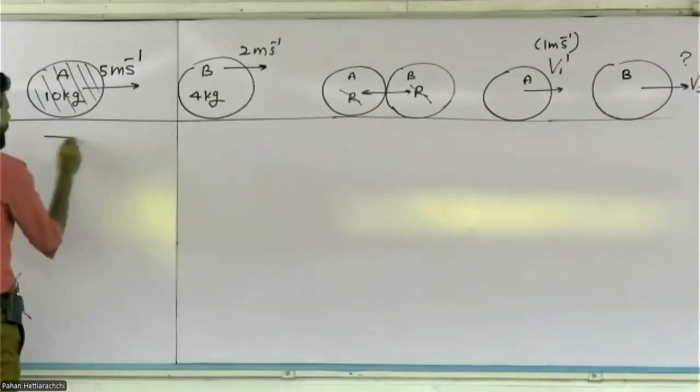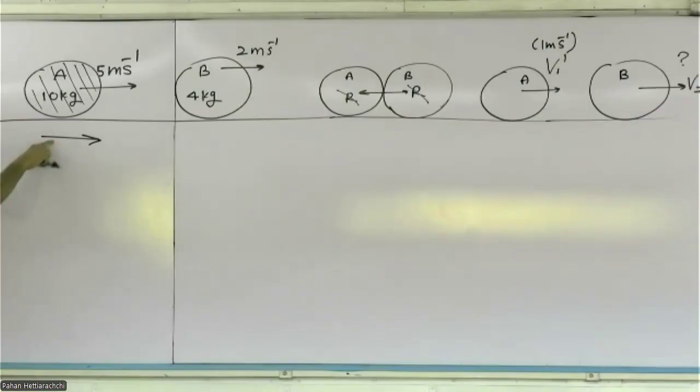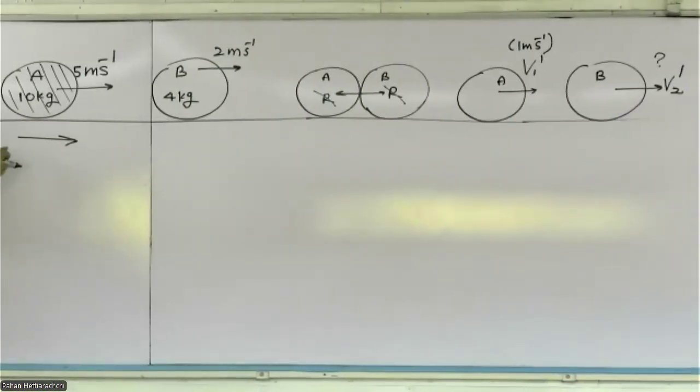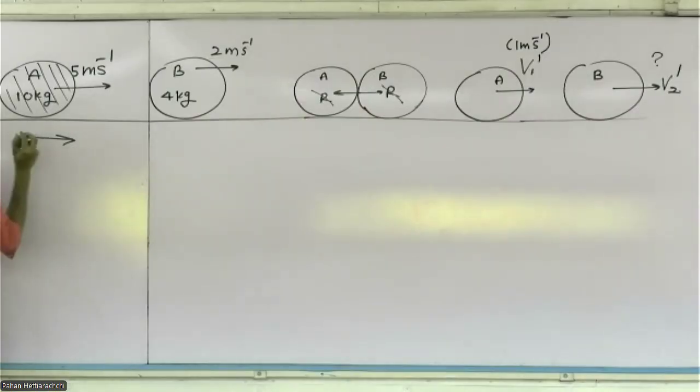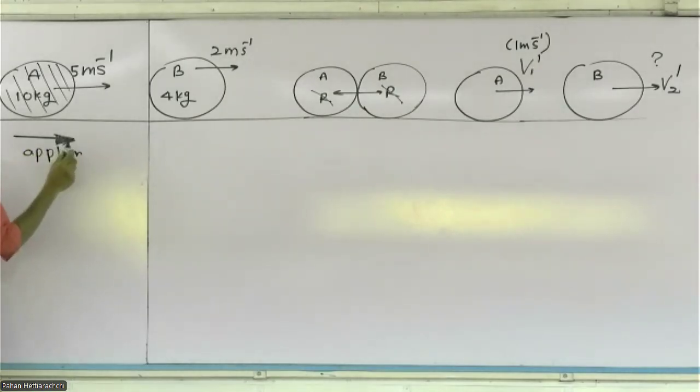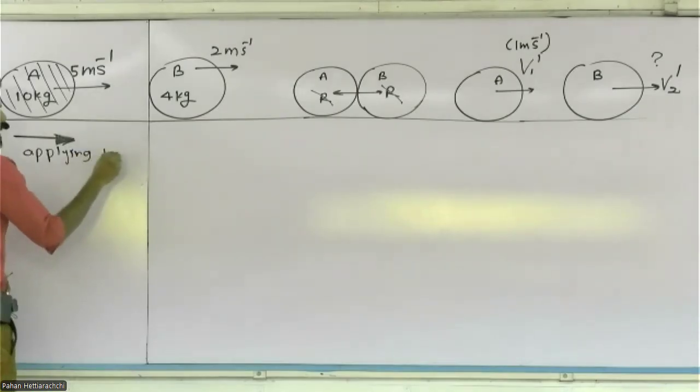Okay. You have to write it here. In the A-level marking scheme, there's a mark for this thing. You have to show the direction and you have to say apply linear momentum conservation.